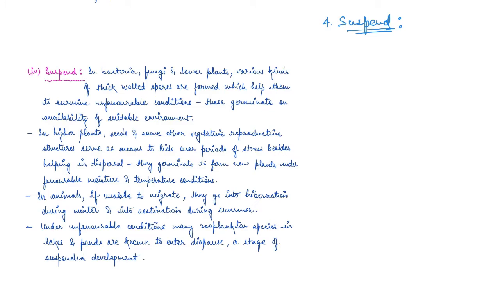When a suitable environment is available, they germinate and form the plant body or the fungal or bacterial body. In a similar way, in higher plants, seeds or other vegetative reproductive structures serve as a means to tide over periods of stress. They disperse and germinate to form new plants again under favorable moisture and temperature conditions.